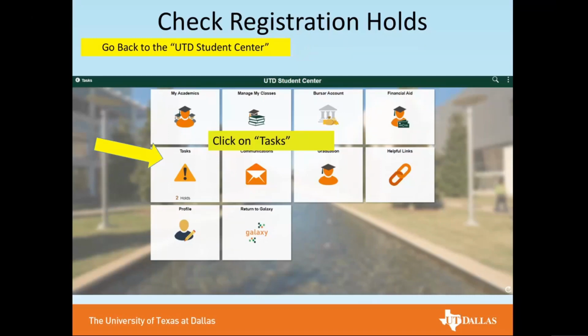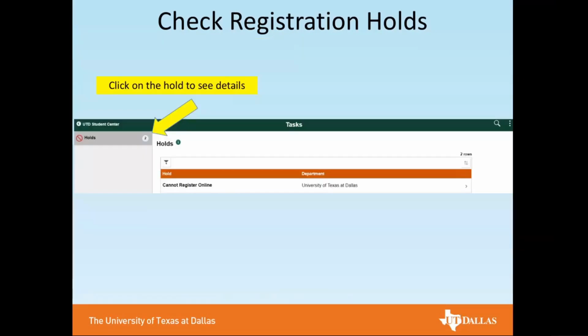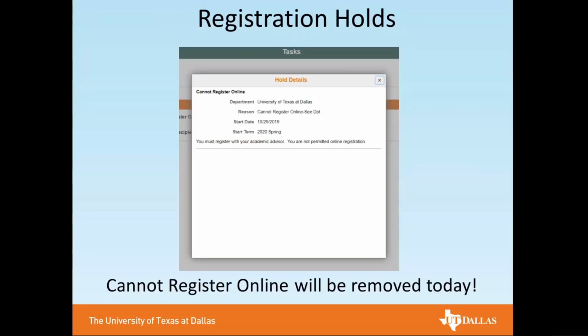So click on the details to view any holds on your account. Your holds will be listed here. To see information about a hold, click on the actual hold. Click on the hold to see what it is for, what department it is from, and any contact information or instructions on how to get the hold removed.